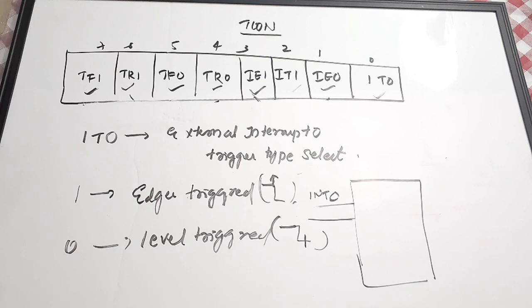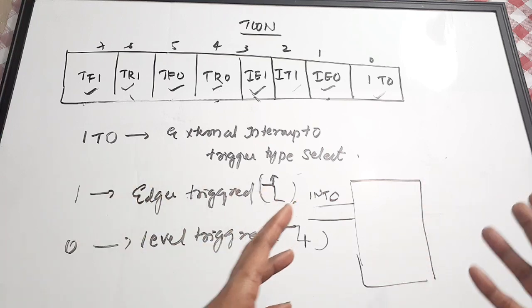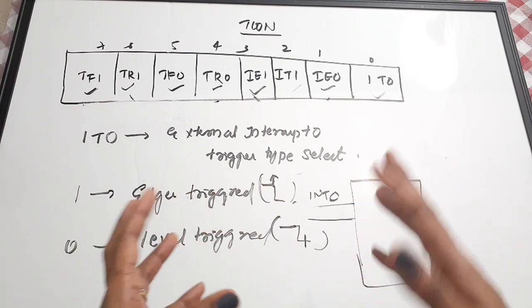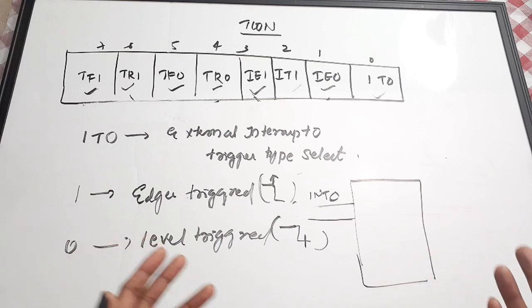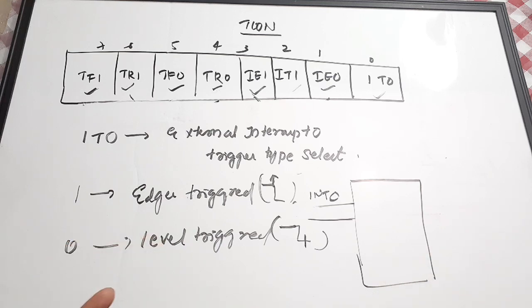So this is the TCON register, which is used for controlling the various activities and properties of the timers, both timer 0 and timer 1. The bits are named according to timer 0 and timer 1. For timer 0 there is a 0 given, and for timer 1, a 1 is given, so you can distinguish and study.